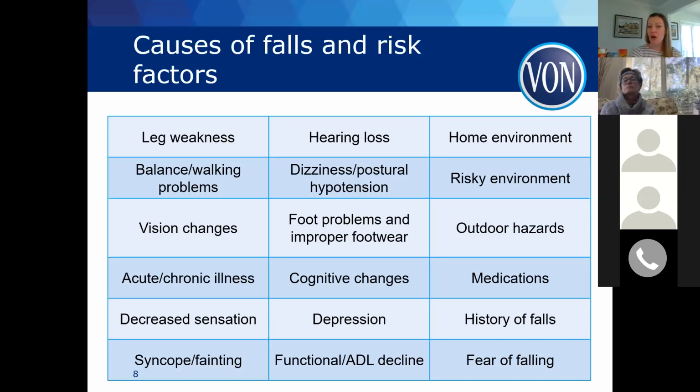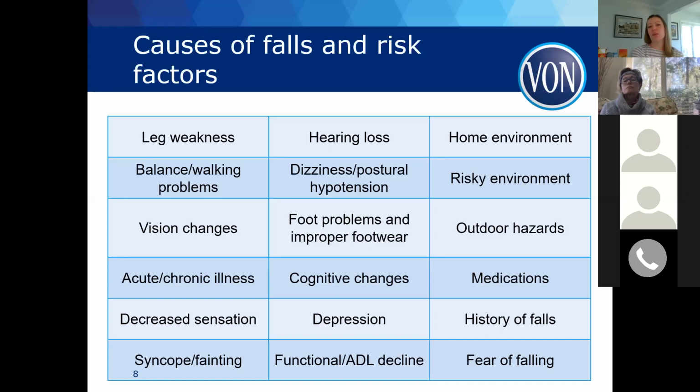The next one is cognitive changes, and whether this leads to more risk-taking type behavior, or how it impacts the way that we move and different things like that. Depression has been linked with an increased risk of having a fall. Functional or activity of daily living decline has also been linked with a greater risk of having a fall.